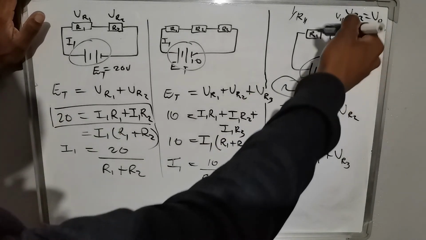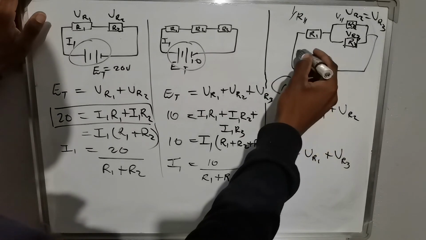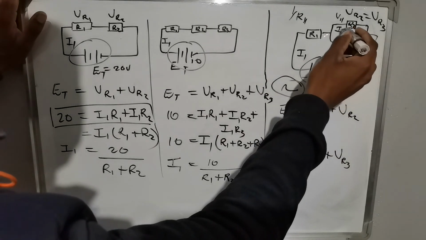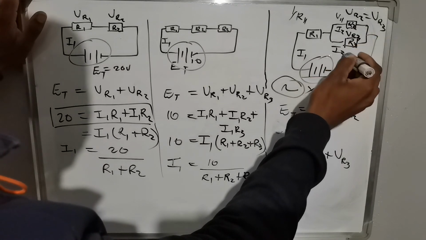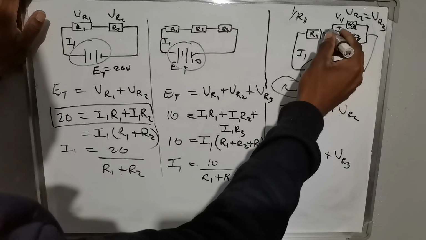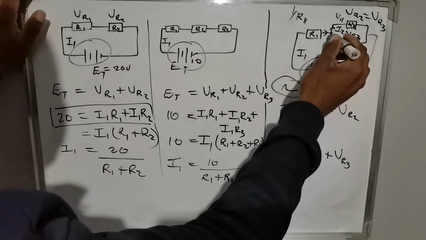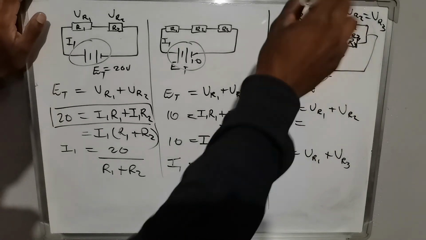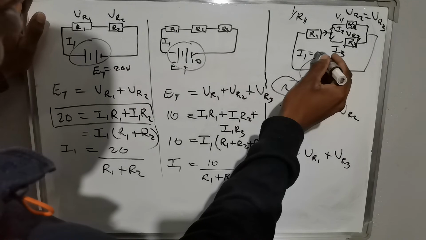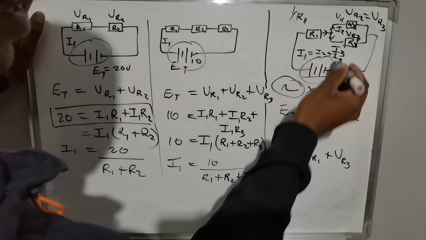So there, if we take that loop, we know that this is I1, then this is I2, then this is I3. So what do we know about I1 is that when it arrives at this junction they split, so it splits into I2 and I3, then I1 is I2 plus I3.